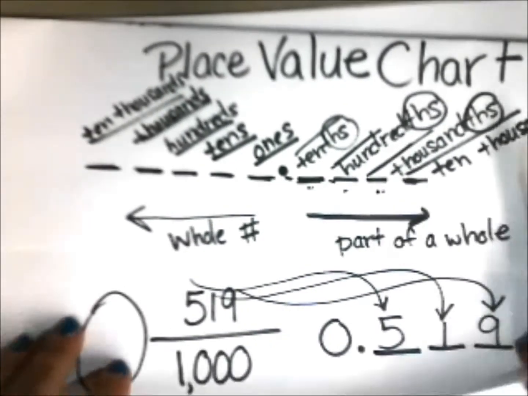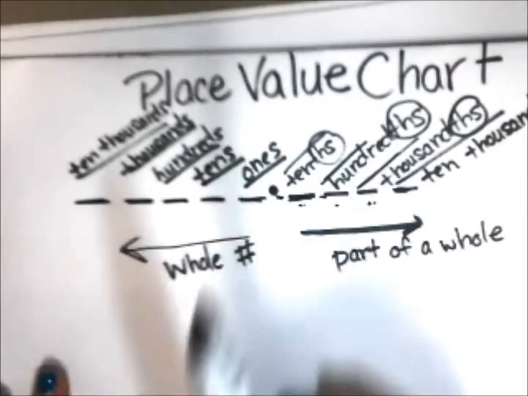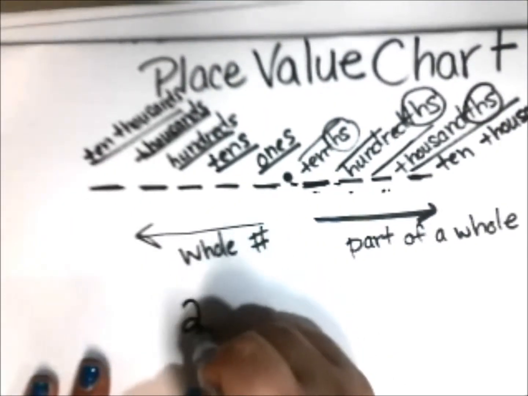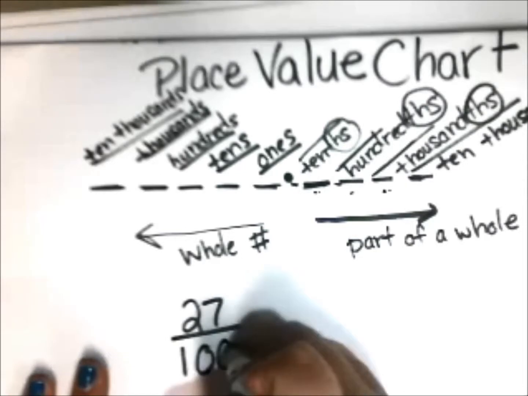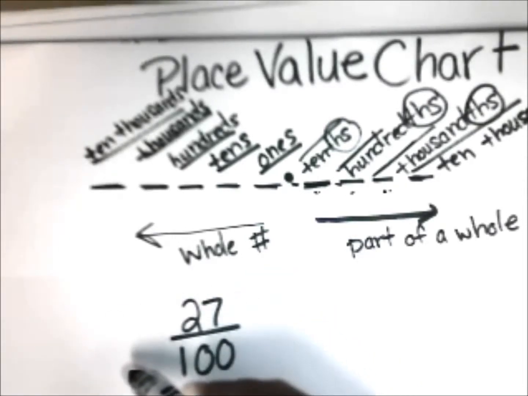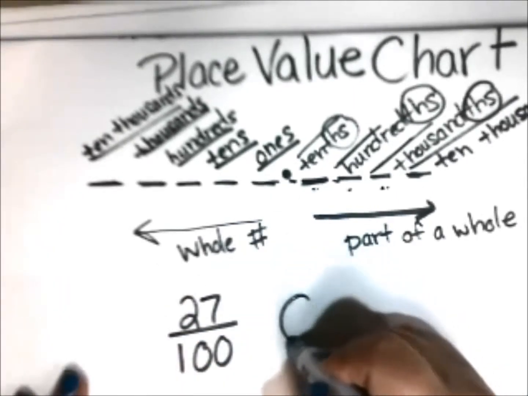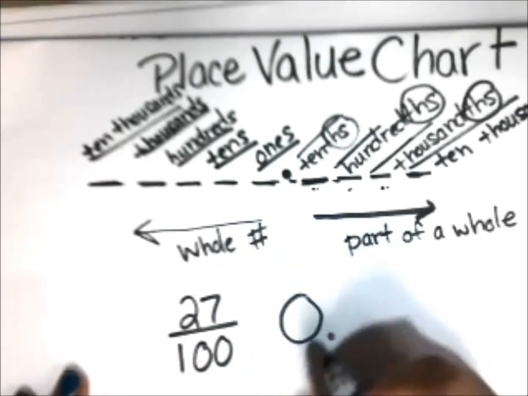Here is another example. What if I have 27 hundredths? Notice there's not a whole number, which would have made this a mixed number and not just a fraction. So that gives me the go-ahead to put my 0 before the decimal point.